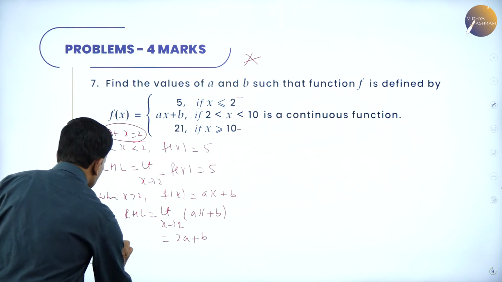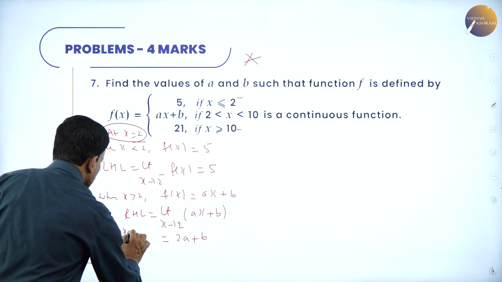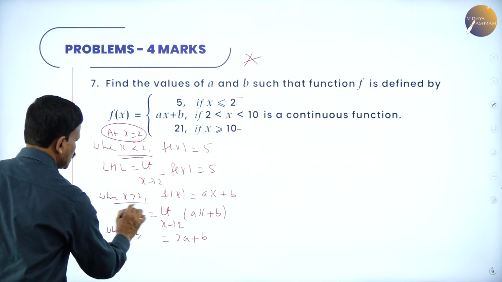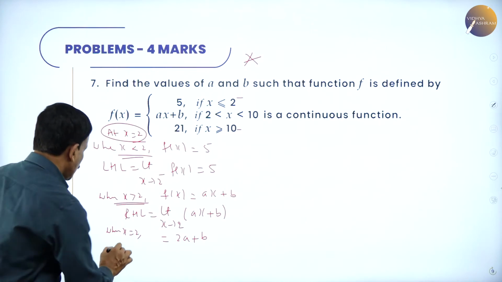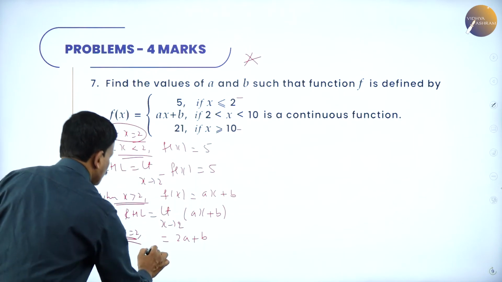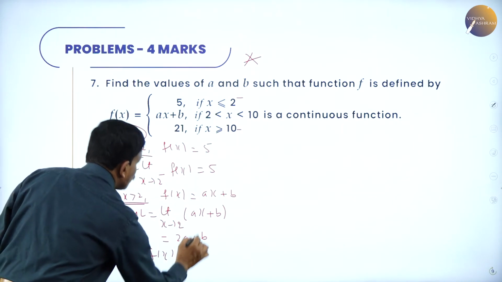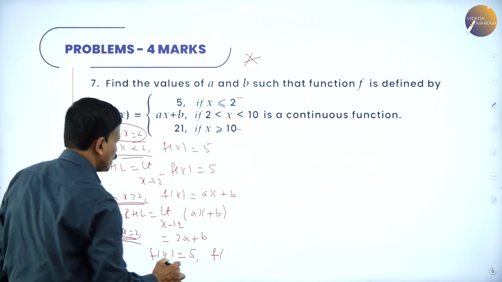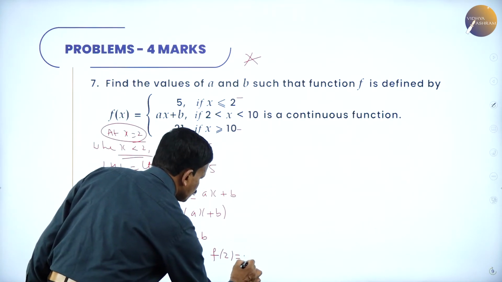Again the functional value, when x is equal to 2. See, first case x is less than 2, second case x is greater than 2, and the third case when x is equal to 2. When x is equal to 2, f of x is defined by f of 2 as 5. So f of 2 is equal to 5.